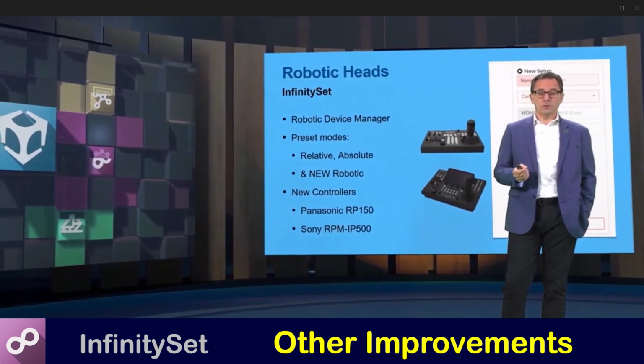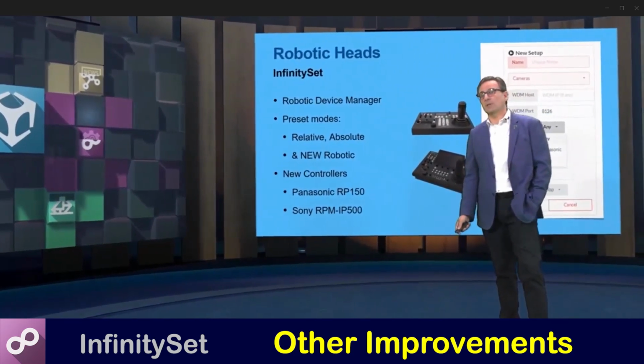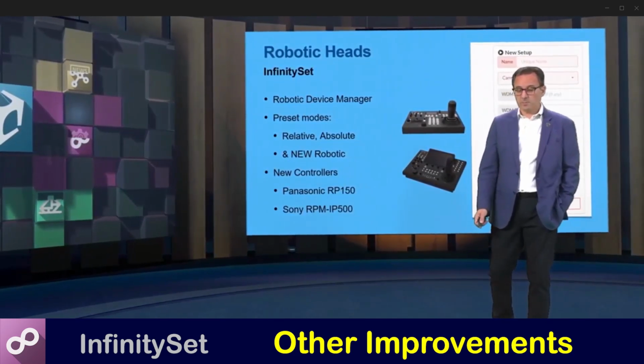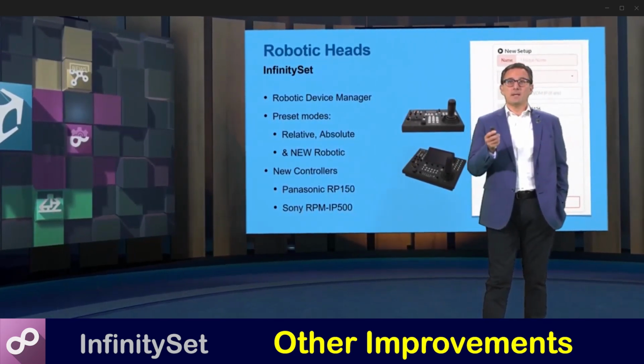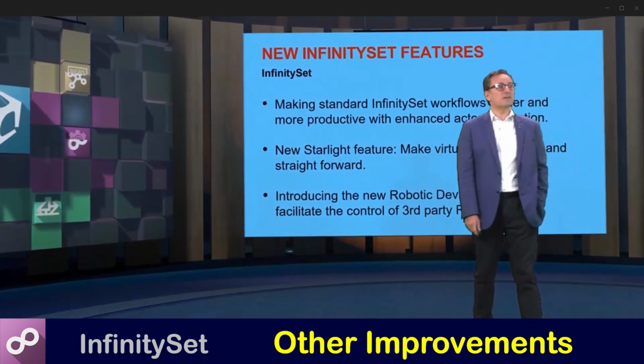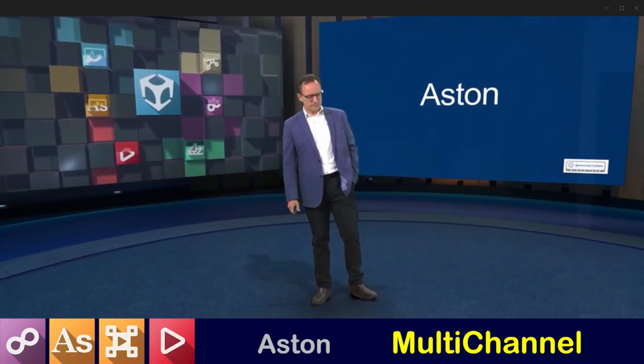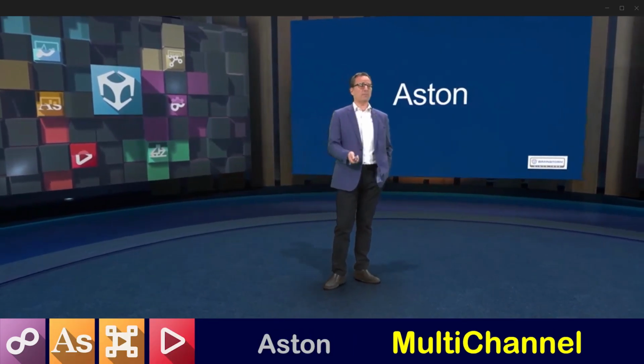And we do now support two more controllers, the Panasonic RP150 and the Sony RPM. So from the commercial point of view, these are the new things to say. And here we are going to the Aston new capabilities.